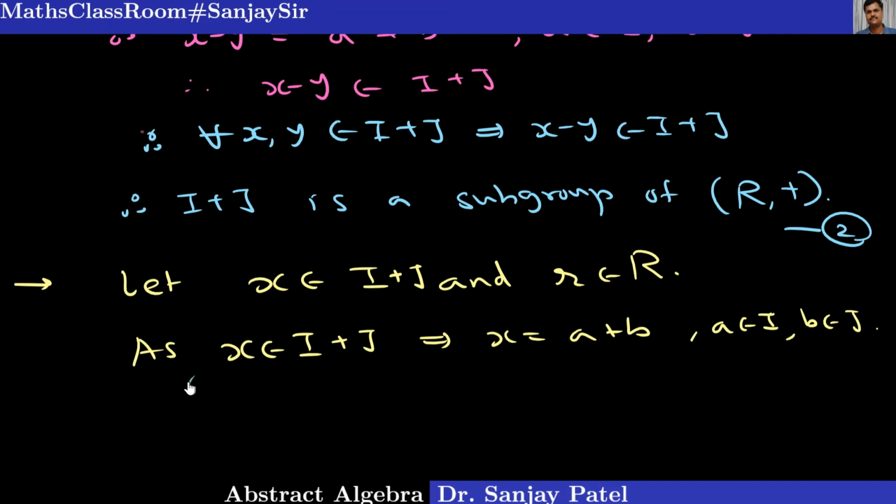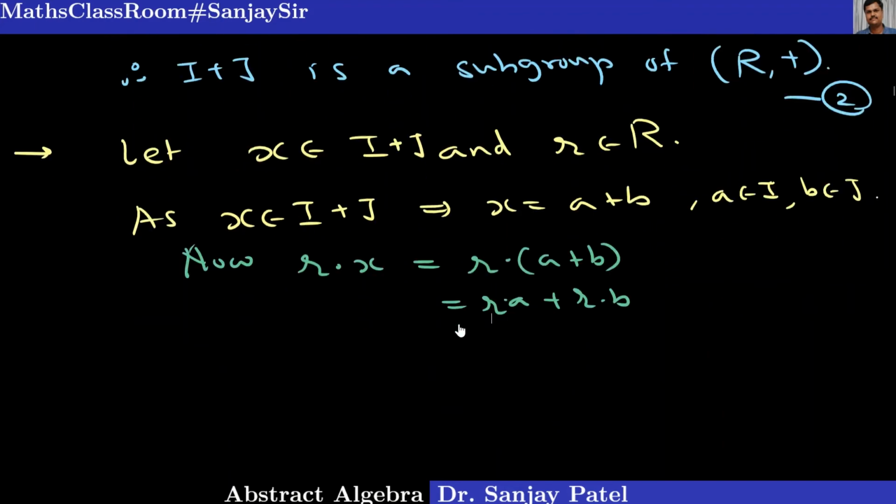Now, if you find r into x, then what is r into x? That is r into (a plus b), which we can write as r into a plus r into b by the left distributive law in the ring.